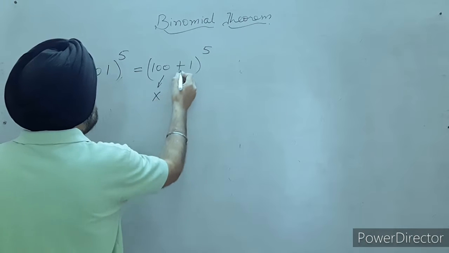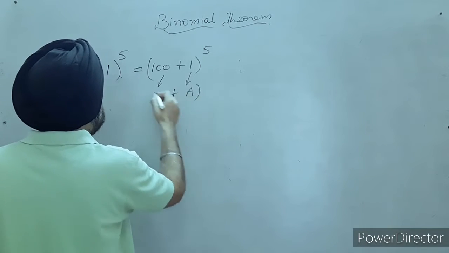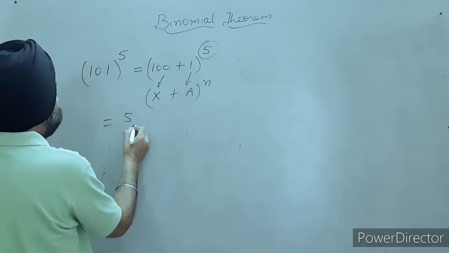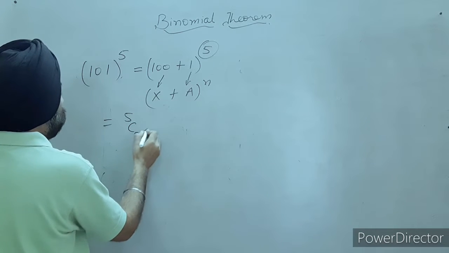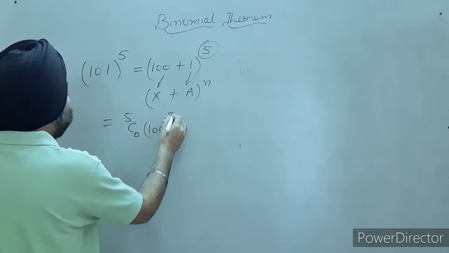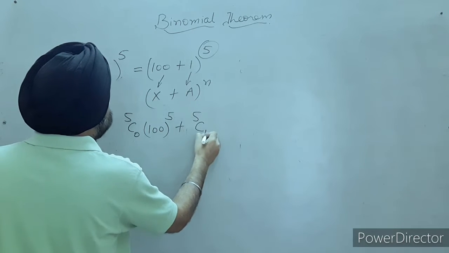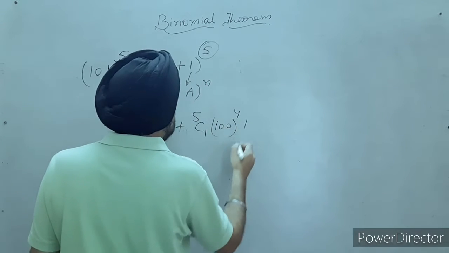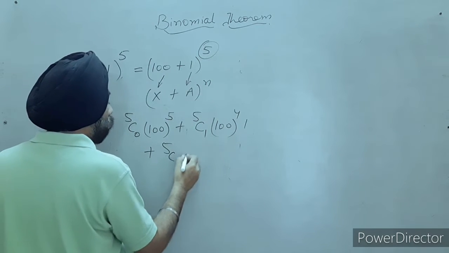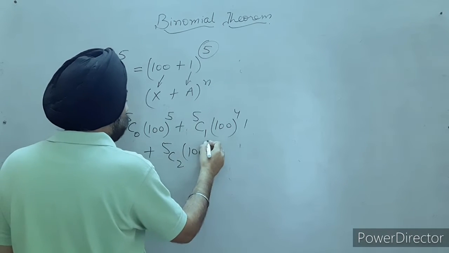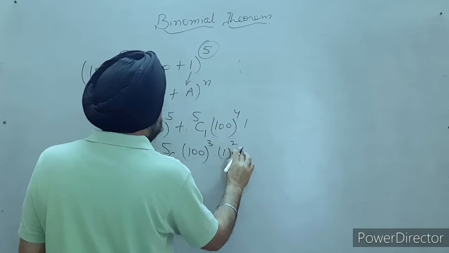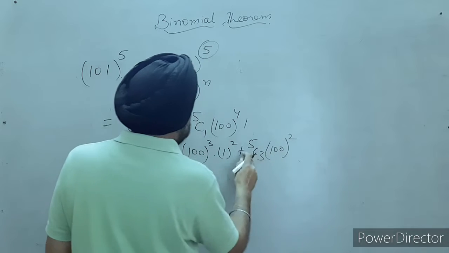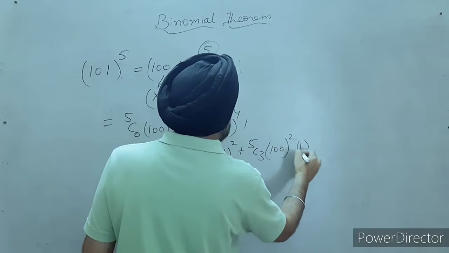Now this is your x plus a raised to power n. n is what? 5. So we can easily expand it like 5c0 x raised to power 5 plus 5c1 x raised to power 5 minus 1 into a, plus 5c2 100 raised to power 3 into 1 square, plus 5c3 100 raised to power 5 minus 3 into 1 cube, right?